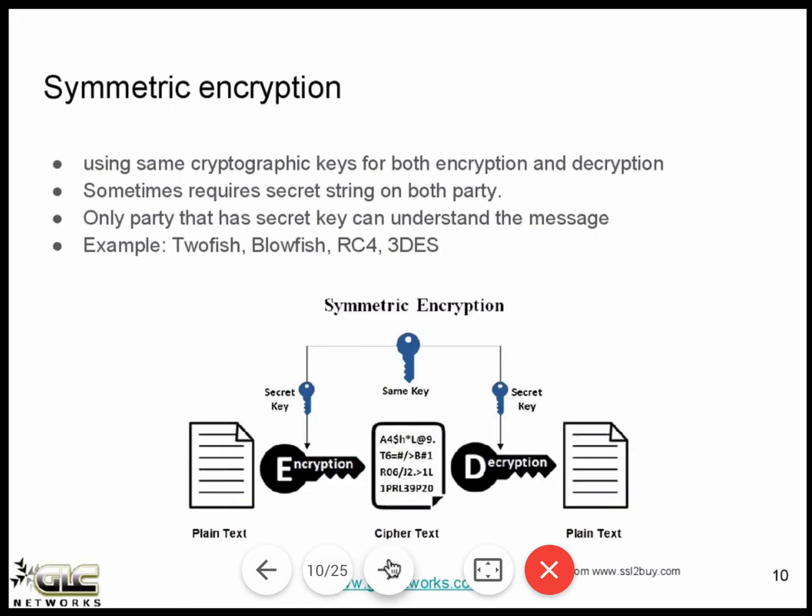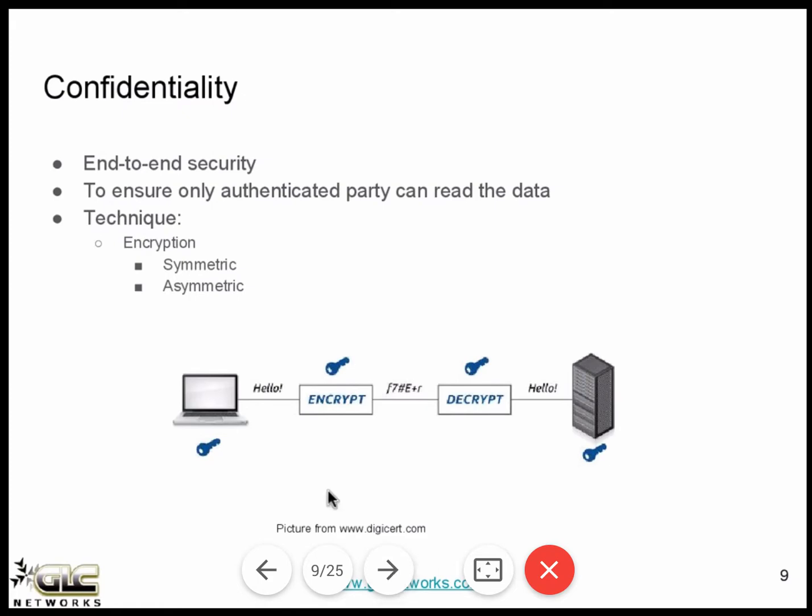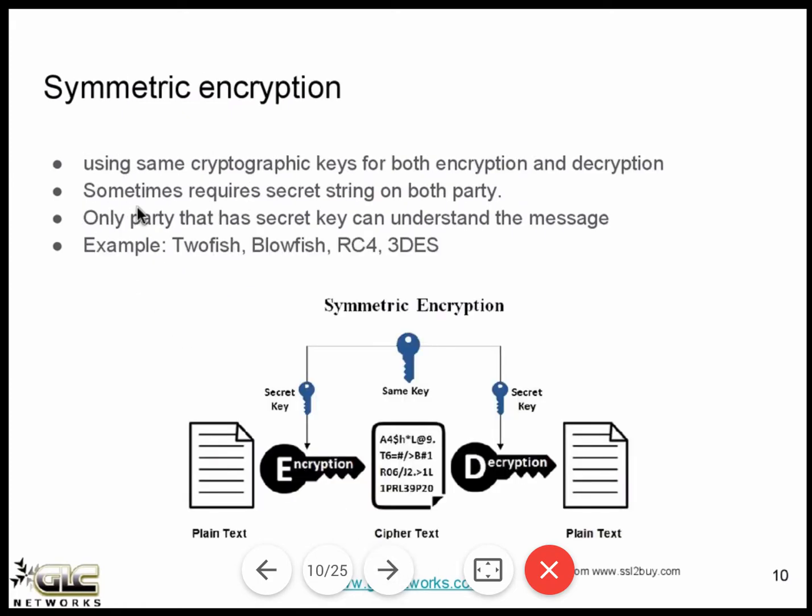That's confidentiality, the concept of encryption. The encryption itself is divided into two, as discussed in the previous slide: symmetric and asymmetric encryption. Symmetric encryption means they use the same cryptographic key for both encryption and decryption.